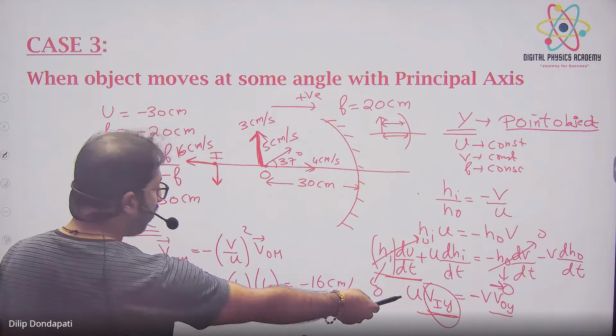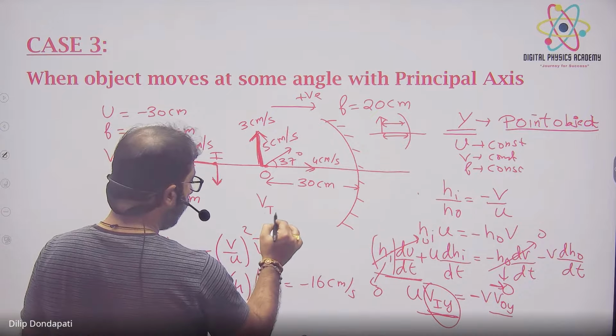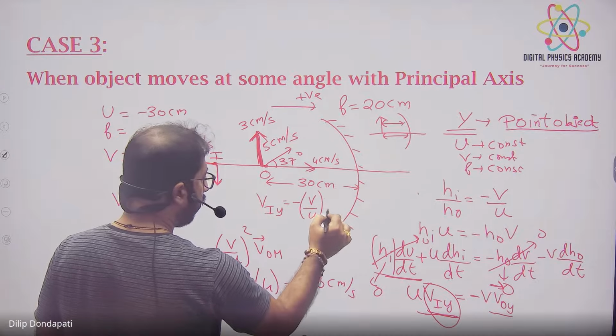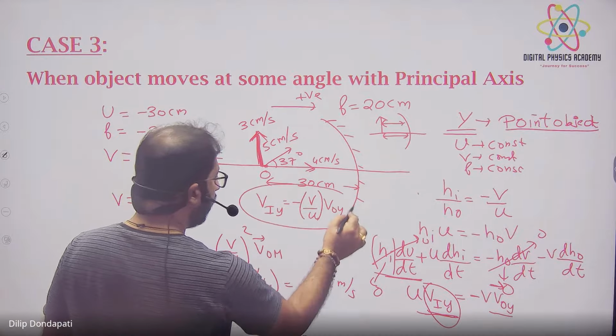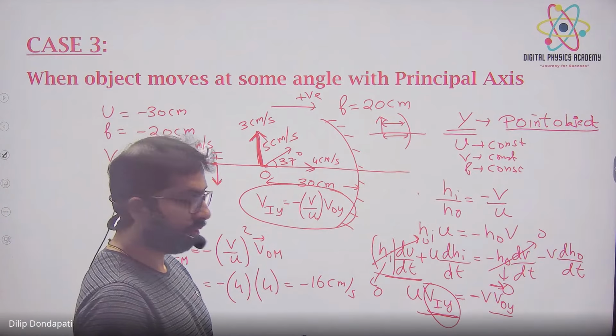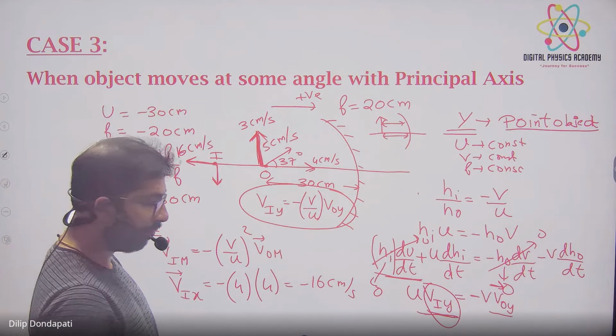So look, the formula came the same here. If you observe, viy is equal to minus v by u times voy. The same formula came here. Why? Because it is a point object, that's why it came the same. Okay, now substitute the values and direction.